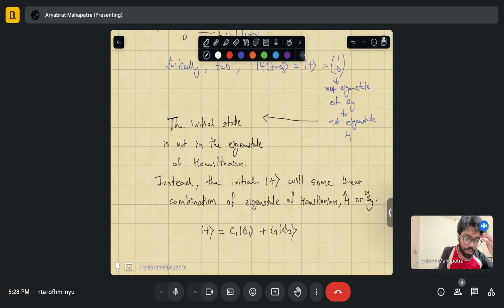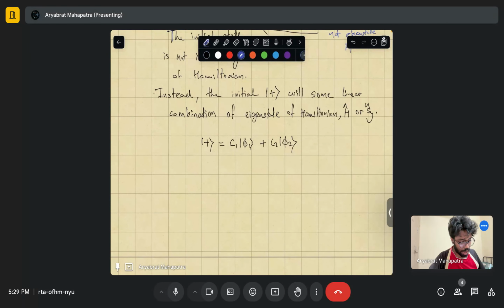You know that in the infinite well the eigenstates are denoted as sine of n pi x by L. Or take a harmonic oscillator, where the eigenstates are |n>: 0 is the ground state, 1 is the first excited state, then you have the second excited state, and so on.